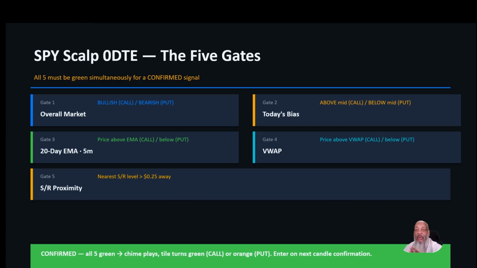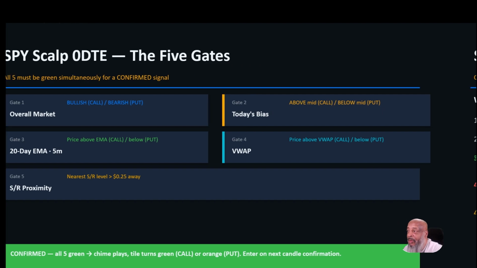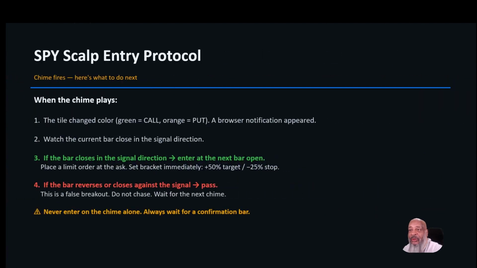Now, it's going to play a tone when it happens. Okay, here, actually, let me go to the next slide. I believe I have that on my next slide. Yes. Okay. All right. When the chime plays, let's say all of those gates have been met. A chime plays.